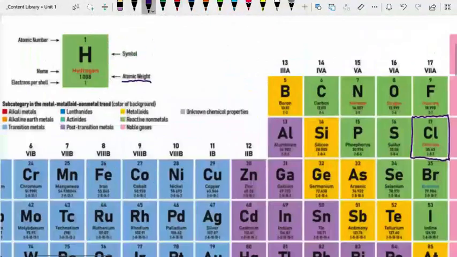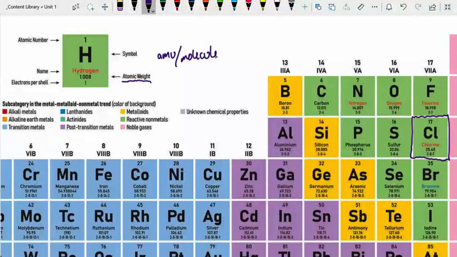We could talk about atomic weight in terms of AMU per molecule or per element, or we could also talk about that atomic weight in terms of grams per mole. And that is the most important number for us when we're talking about moles.